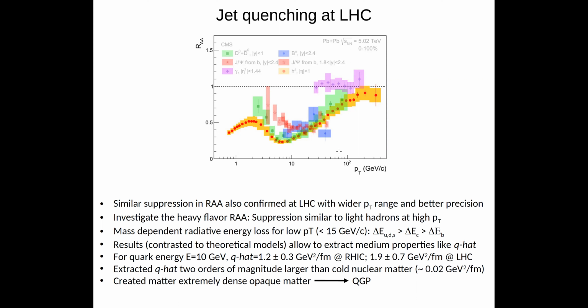this is basically related to the surface bias. When you select the near-side jet, by definition you are selecting the highest-pT track as a trigger track. So by that definition, you are biased to the surface, to the jets which are produced near the surface.